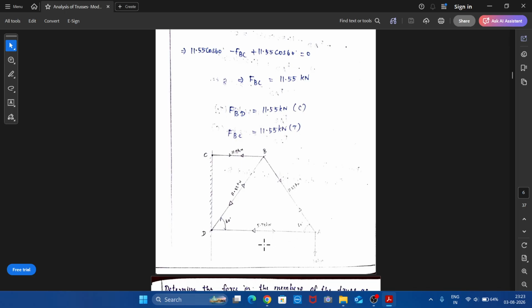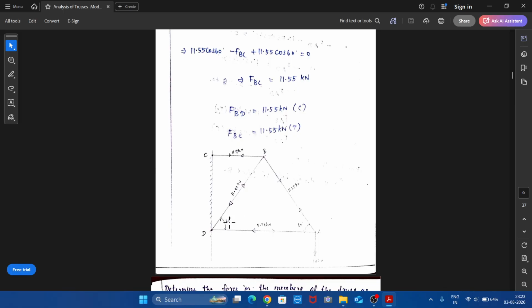So this is the tensile force or tension member. Then here we have found this as compressive force, 5.78 kilonewton. This F_BD is 5.78 compressive. The compressive force should move towards the joint. If we take joint D, the force is moving towards joint D. If we take joint A, the force should move towards A. Therefore, this compressive force should be marked like this. And here we got compression, F_BD also compression. So compression should be marked towards the joint.